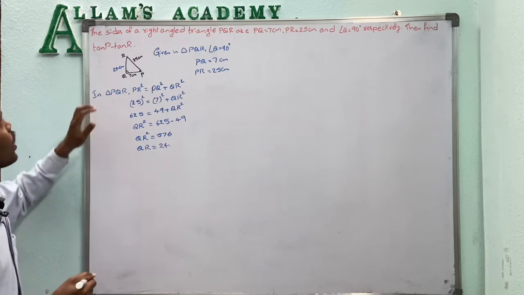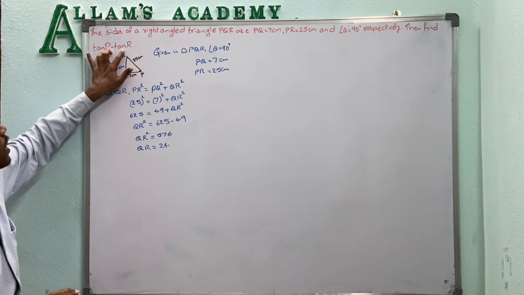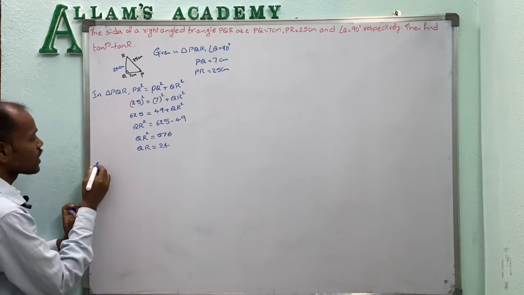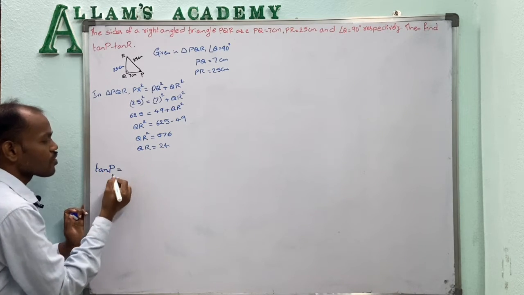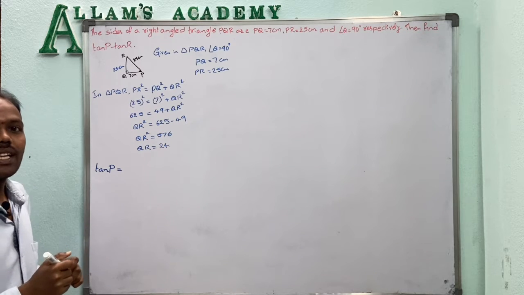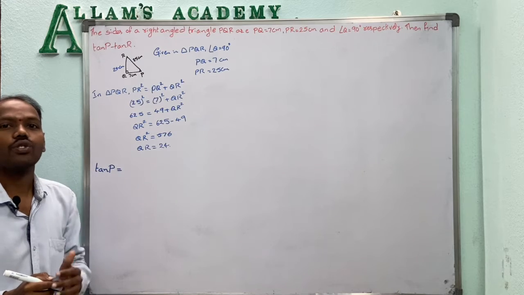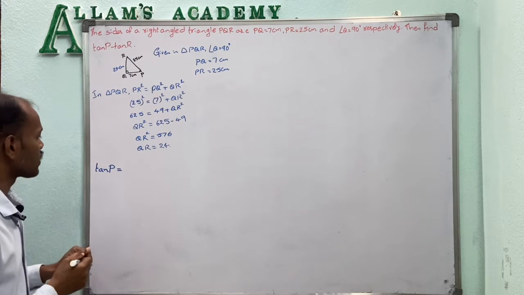Okay. Now for finding tan P minus tan R, first we find tan P and tan R. So tan P equals, tan is the opposite side of the given angle by the adjacent side of that angle.